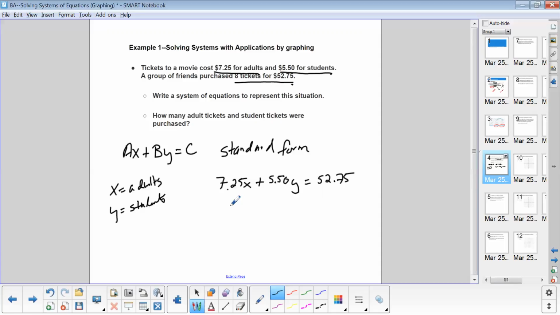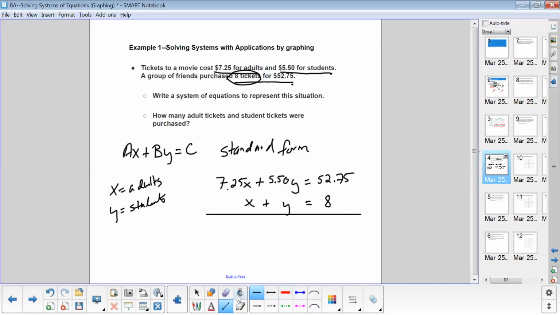But then we also need another equation to help us model this, and what we know is the total number of tickets. So if we knew how many adults and how many children, we would add those together and we would get 8.